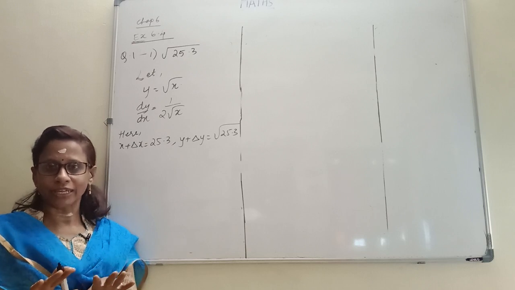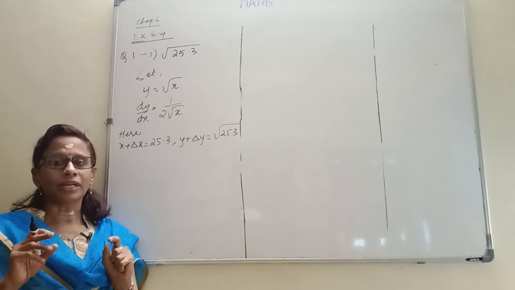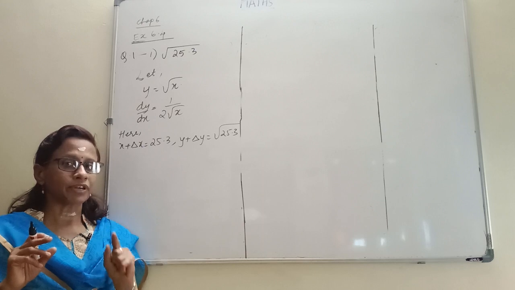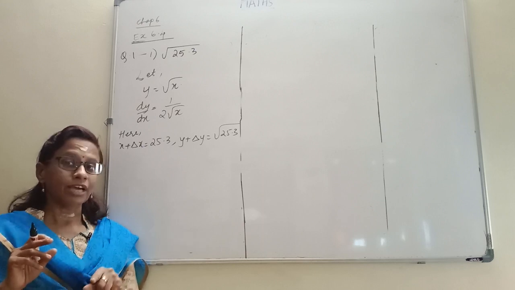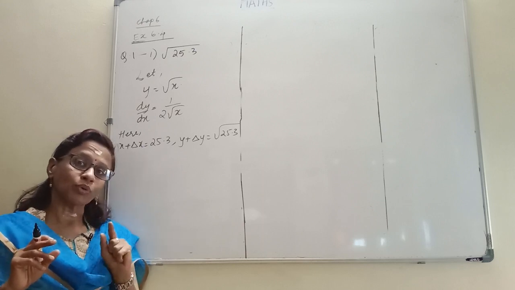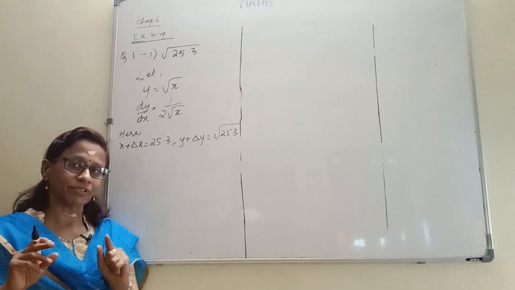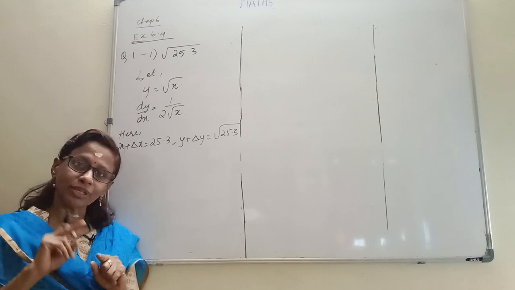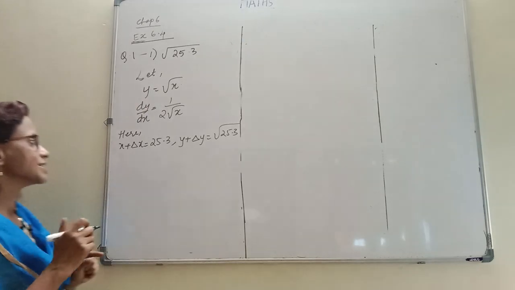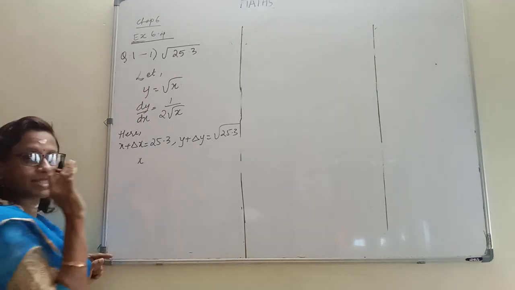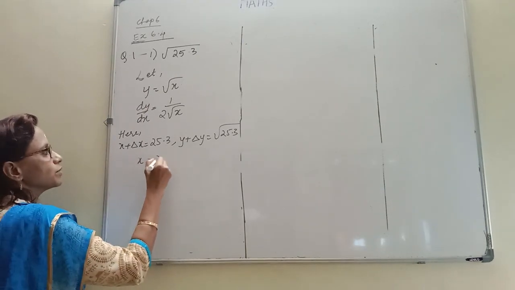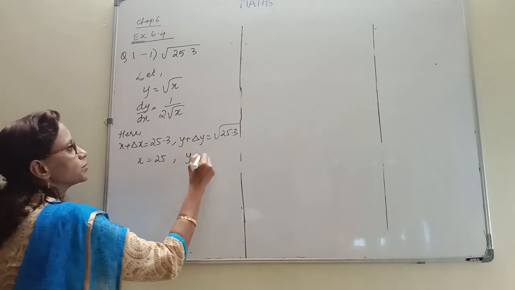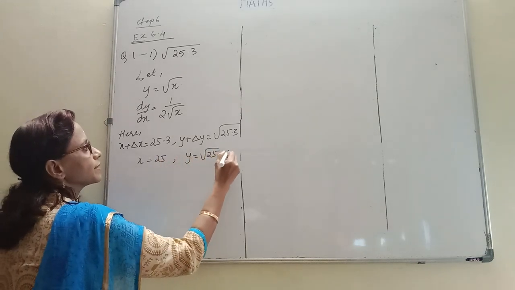For 25.3, we have to find the root of 25.3. We know that root of 25 is 5, so that is the standard value you're going to take. So x is going to be 25 and y is going to be root of 25, which is 5.